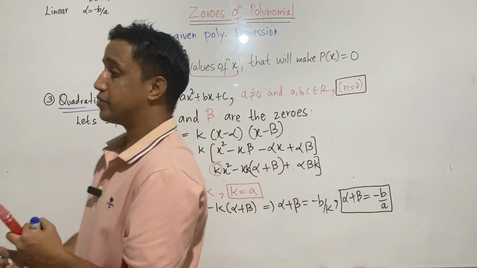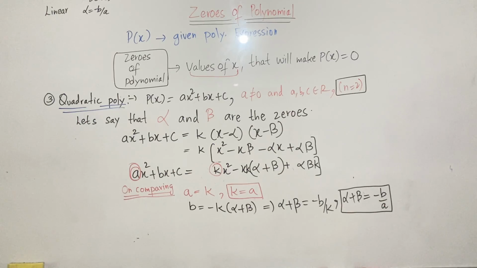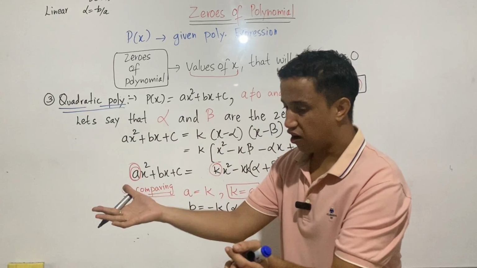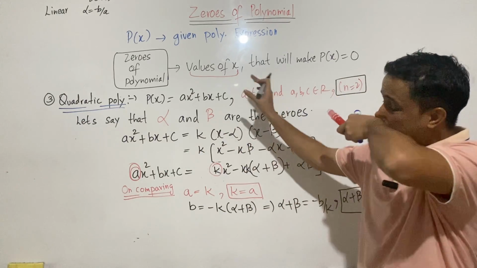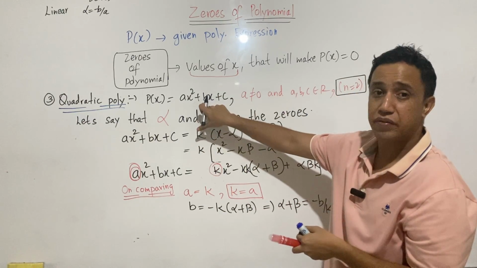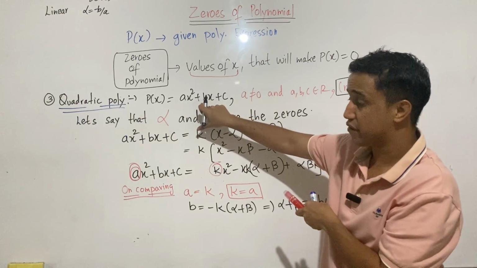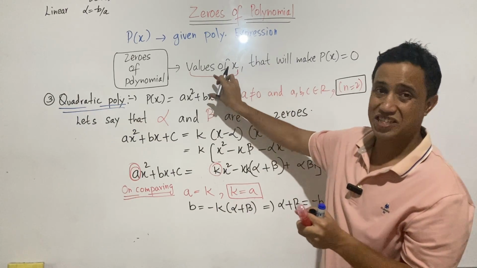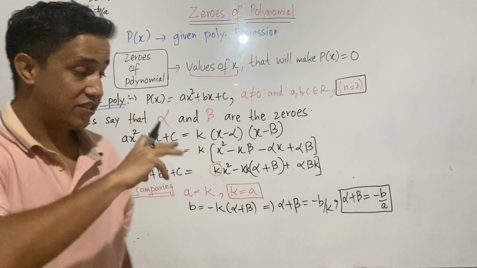Or sometimes they will give you some condition on the sum of zeros and product of zeros, and then they will put some unknown variable here, and then they will ask you to find the value of that unknown quantity. Okay, so you must know these things.